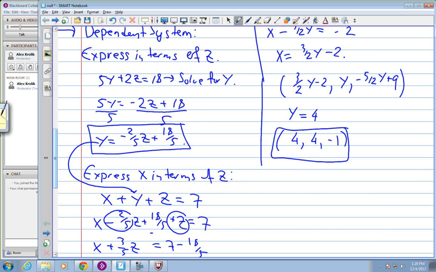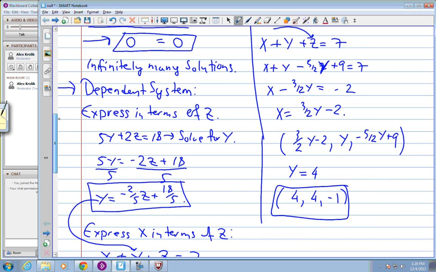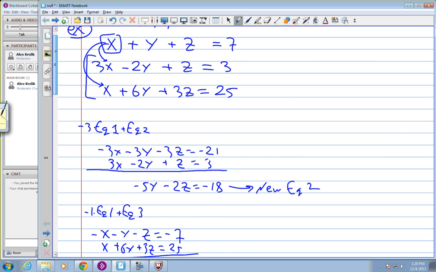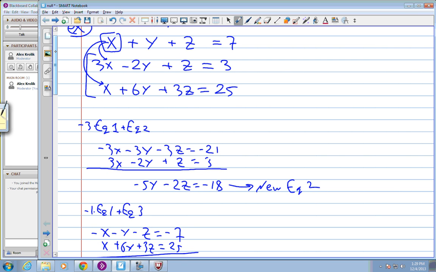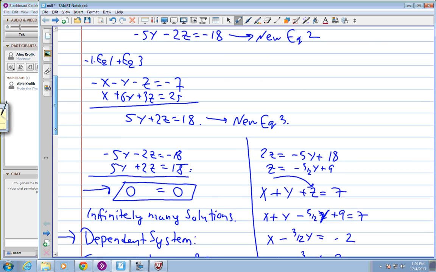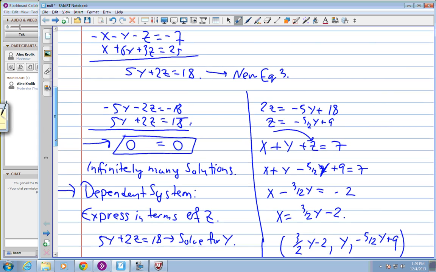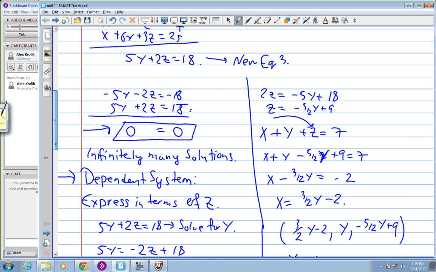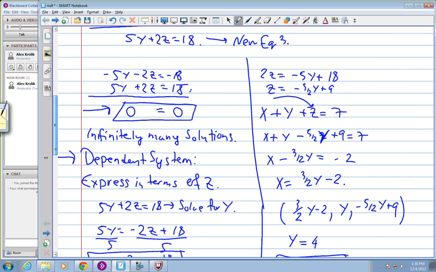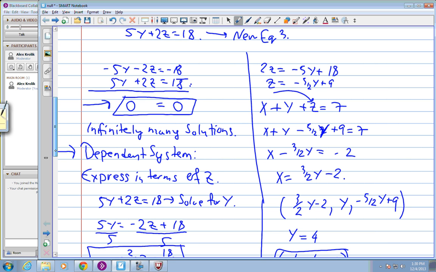But how do you know to start with that equation you started with and not pick one of the other ones? Well, you have to pick one of these two that only have two variables.